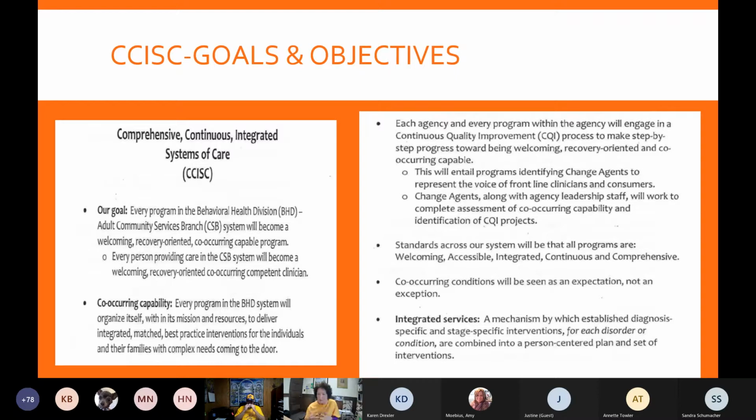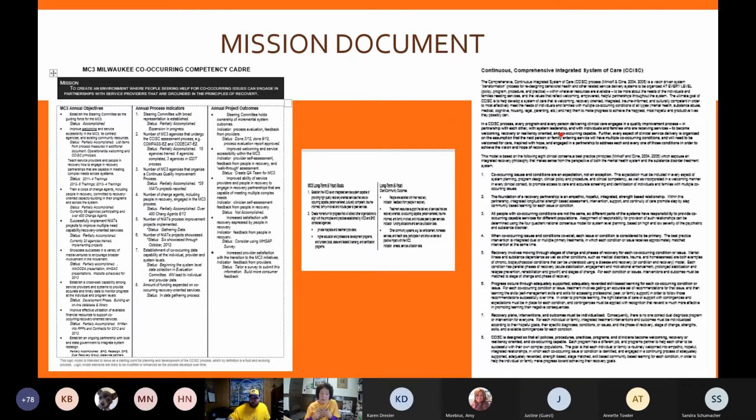That's why we practice these principles today. So no matter if I need care at Rogers Hospital or at Milwaukee County or at my agency or at Broad Step, wherever I go, I will be welcomed.